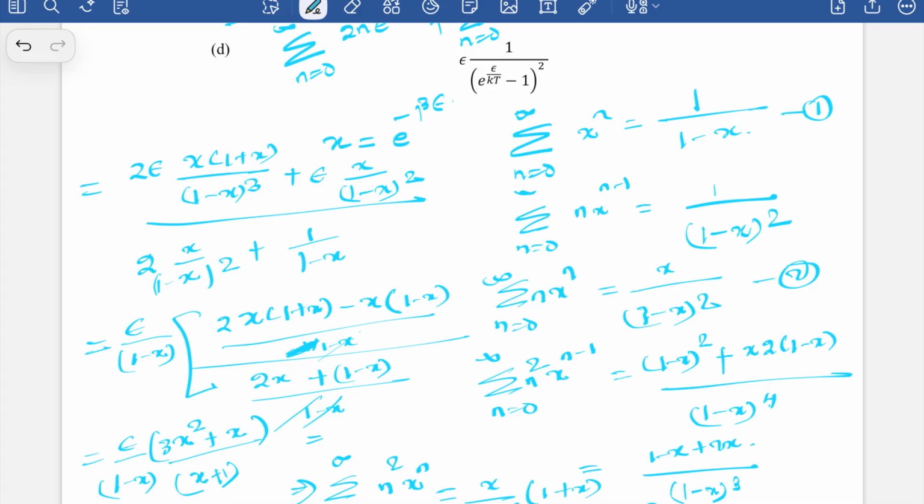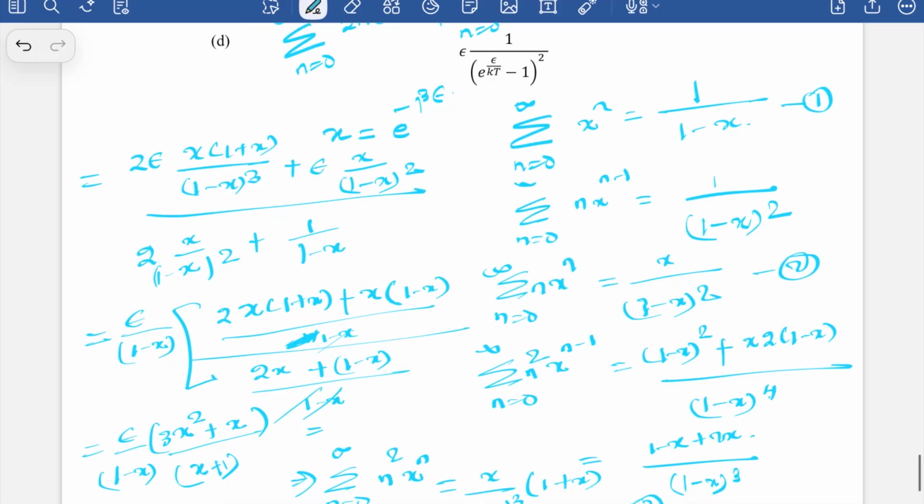Here, this one is actually plus, I made a mistake here. This one is 2x plus x times 1 minus x.